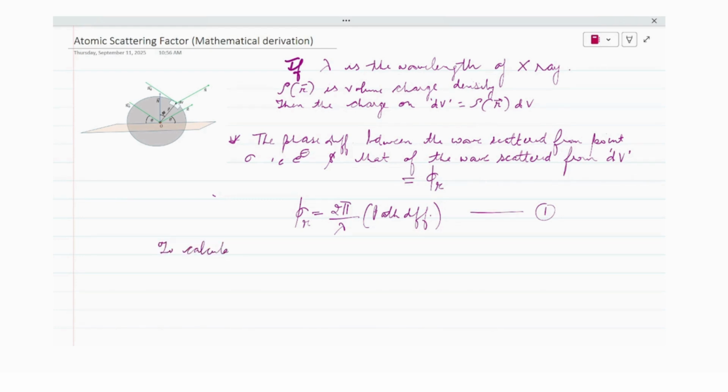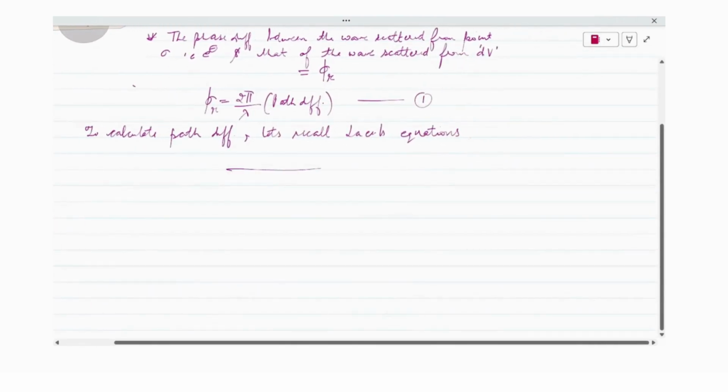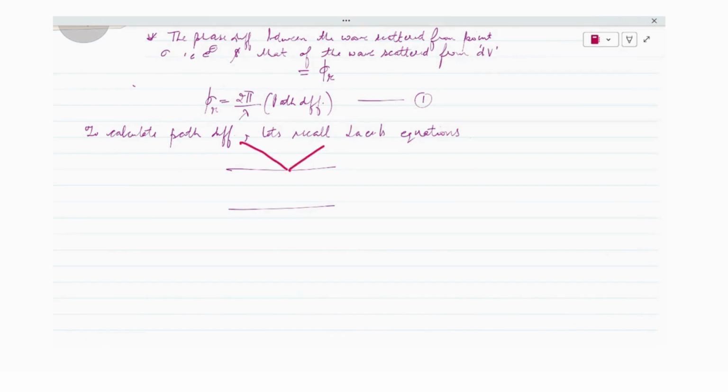Now to calculate the path difference which we are to use in equation 1, we'll have to recall the Laue derivation where we calculated the Laue equation, and in that the light was scattered from two different atoms of two consecutive planes like this, and we calculated the path difference by subtracting these two distances, and it came out to be r vector dot n vector, where n was the scattering normal and the angle between r and n is phi.